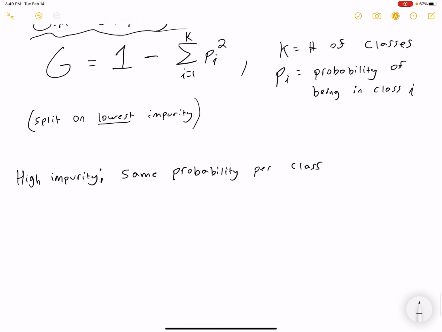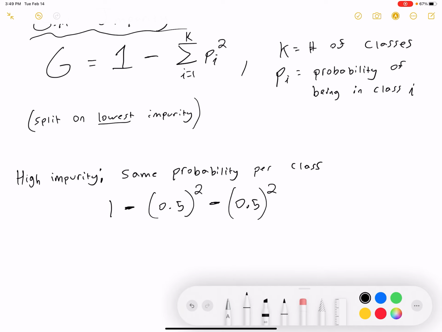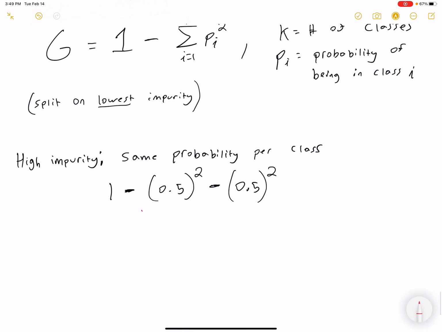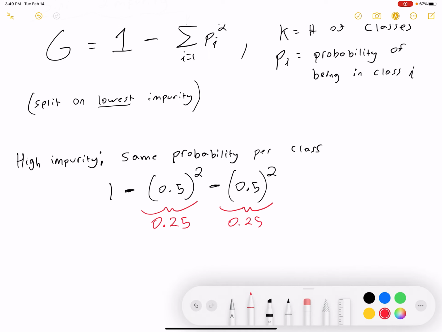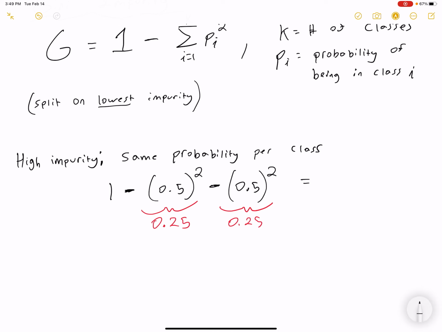And let's say in binary classification, that would mean we'd have 1 minus the probability squared minus the probability of the other class squared, which 0.5 squared happens to be 0.25. So 1 minus 0.25 minus 0.25 equals 0.5.